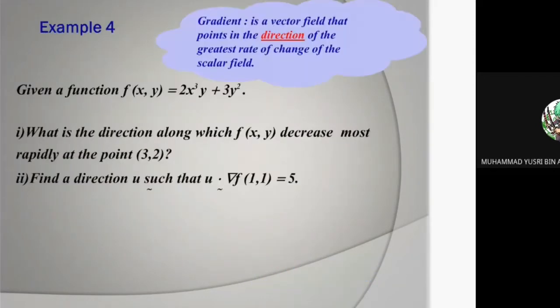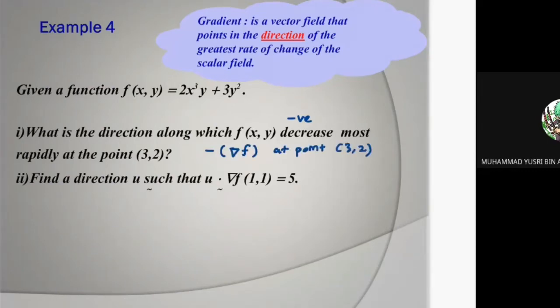So now let's try example 4. What is the direction along which F decreases most rapidly at the point (3, 2)? When you read the question, what is the direction along which F decreases most rapidly? Decrease means the value is negative, so you want to find the negative of gradient F at point (3, 2).